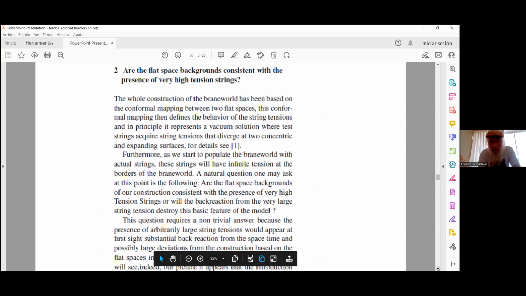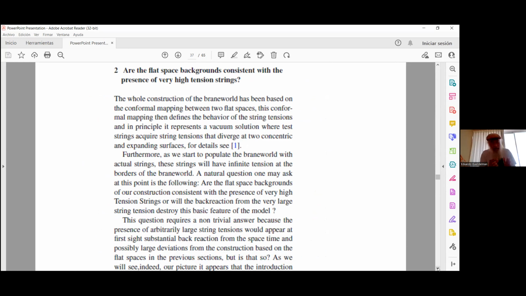I analyze a problem here that I will not have time to discuss. As you say, if you have infinite tension, I just say what it is. You have infinite tension. Does it bother you with the back reaction of this large string tension if you put it on the boundaries?